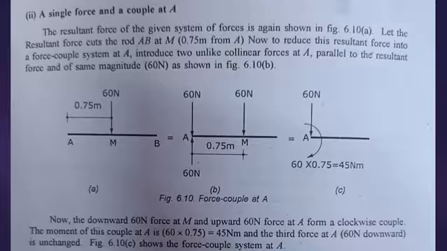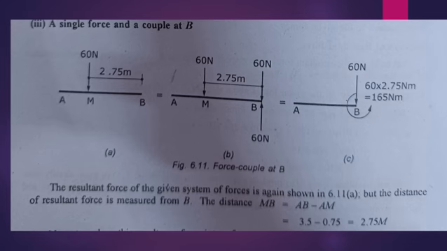We already know the total length of beam AB is 3.5 meter. Therefore, subtract the 0.75 meter from 3.5 meter. You get the distance MB as 2.75 meter.